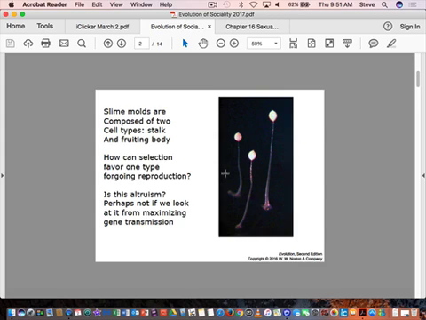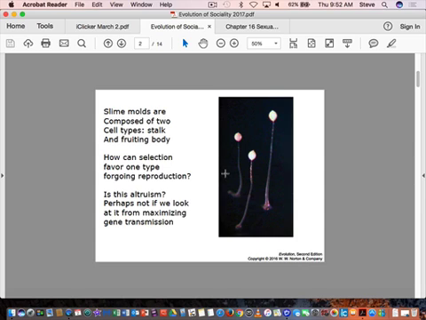So slime molds are kind of cool in that they're pretty simple organisms, and they're composed of two cell types. One is a stalk right here, and the other at the top is a fruiting body. And the fruiting body is where they produce spores, various kinds of things that then become new cell types. And it turns out that actually these are two cell types.